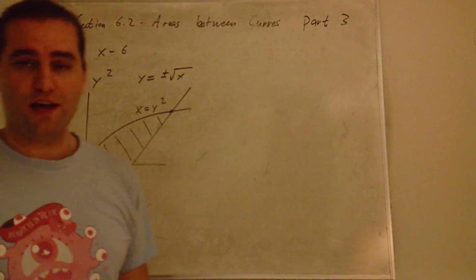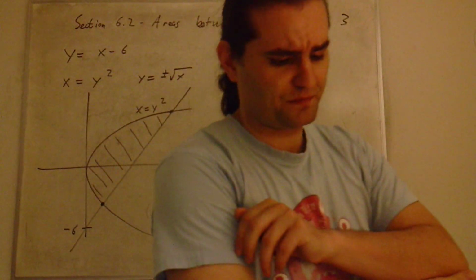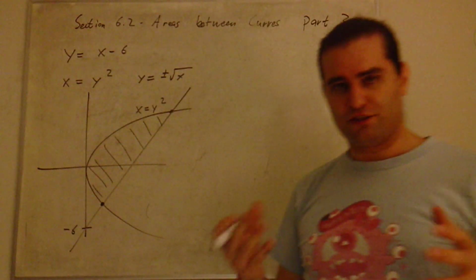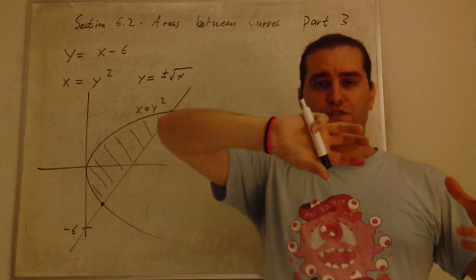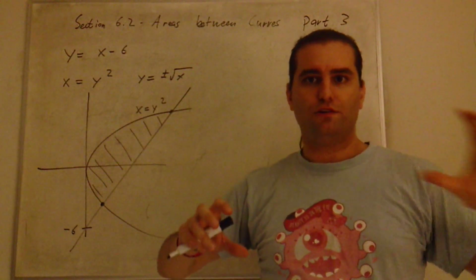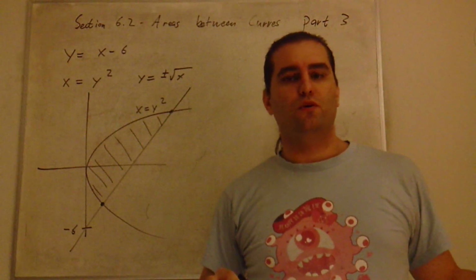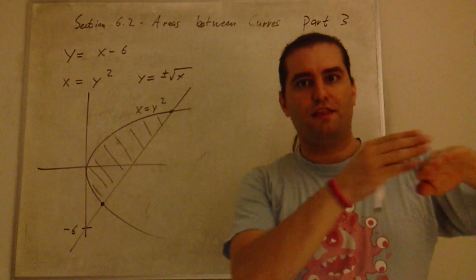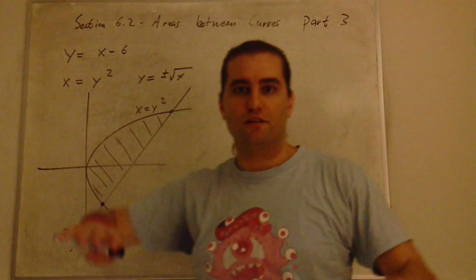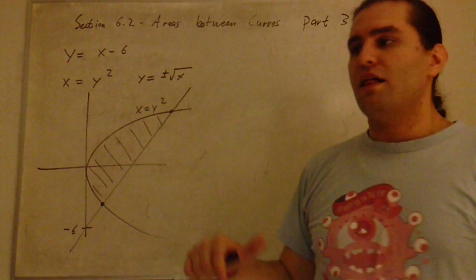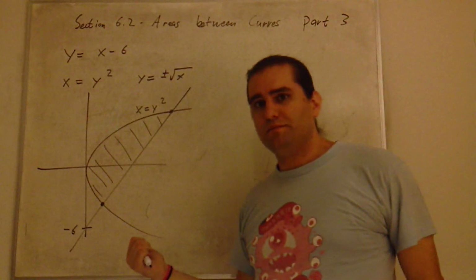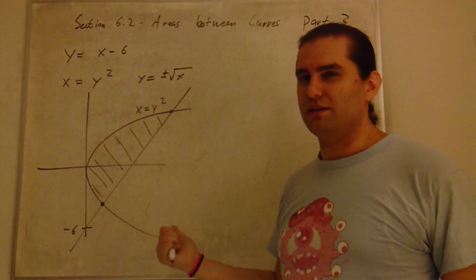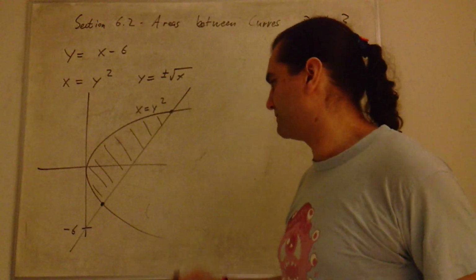So, in the last example we did in the other video, we had an interesting situation where this area was sort of split into two pieces, and in quadrant 3, one of the functions was on top, and then that switched in the second part, and the other function was on top. This doesn't have that, really, but it kind of does with the bottom function.